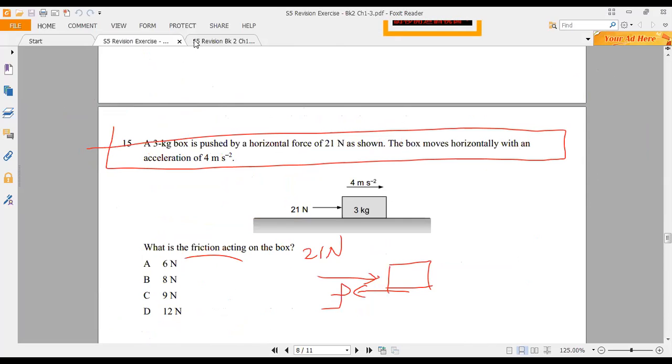So you just look at these two forces, and then I set up the equation: net force equal to forward force minus backward force, which is 21 minus friction equal to MA. Are you familiar with that now? I hope you can really be able to write this equation by yourself.